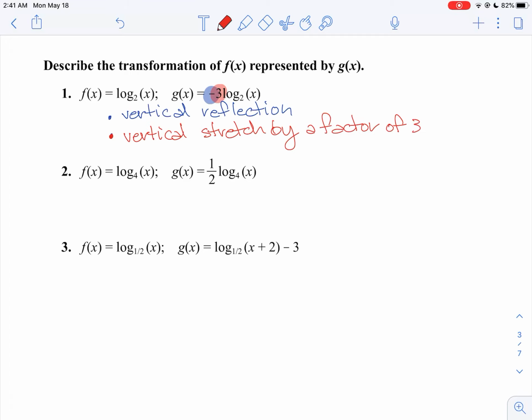And so for number 2, I've got this 1/2 in front of my logarithm. That's again in the A spot, but it is a number between 0 and 1, which means this is going to be a vertical shrink by a factor of 1/2.